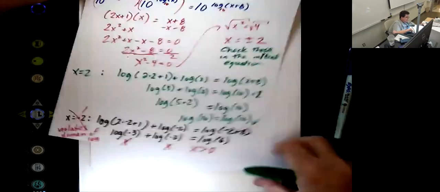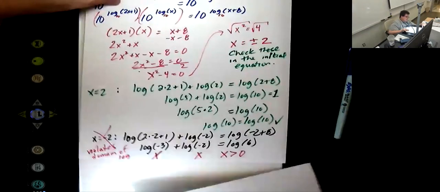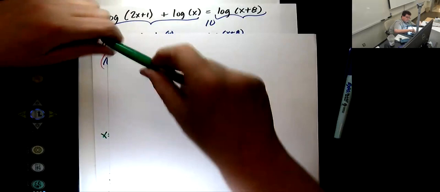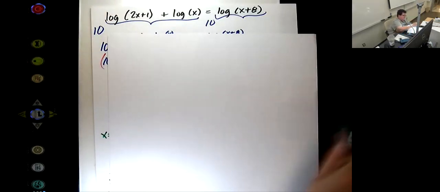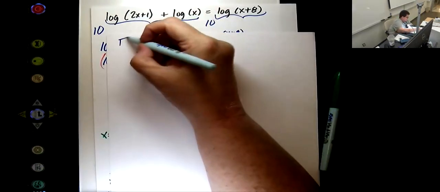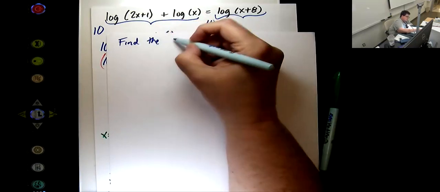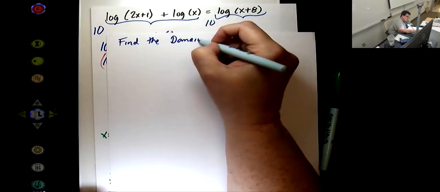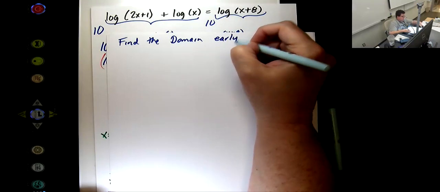We don't want it to violate any of the logs. So what you can just do is find the domain early. In fact, I'm going to do it. Let's do it on the next problem rather than redoing this.